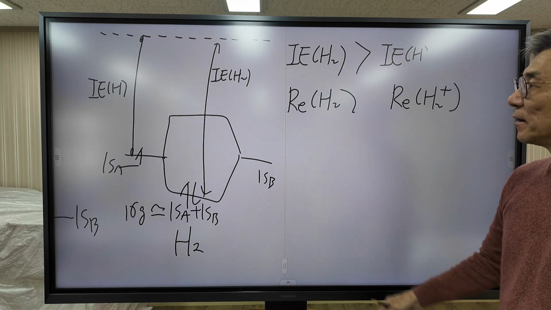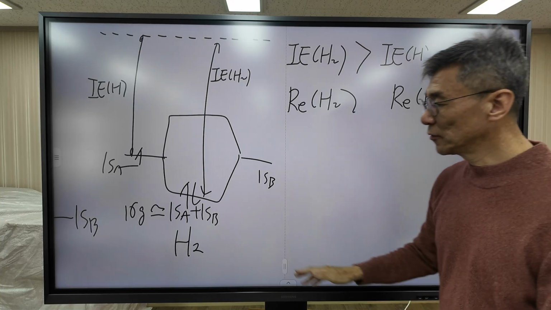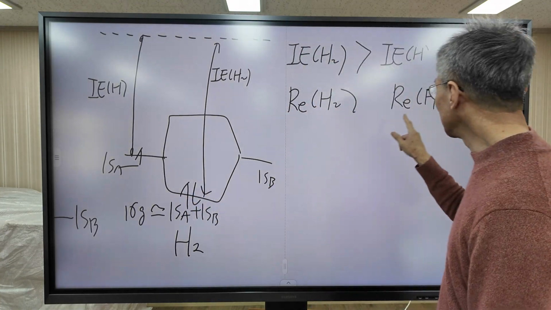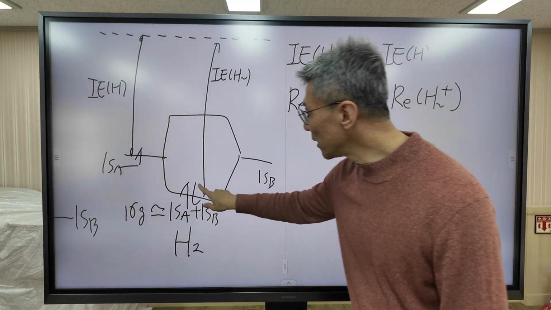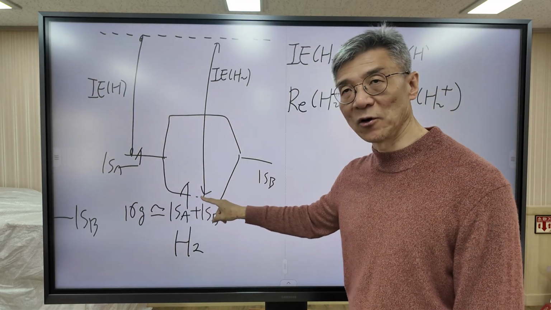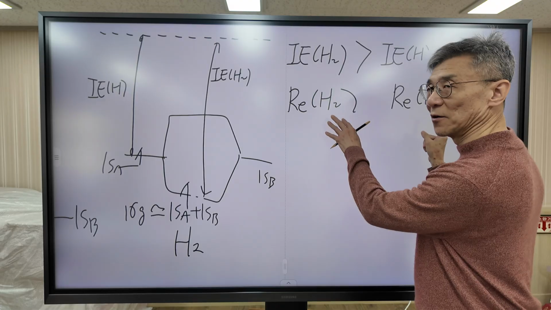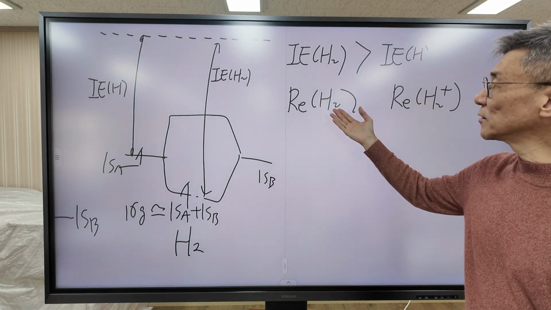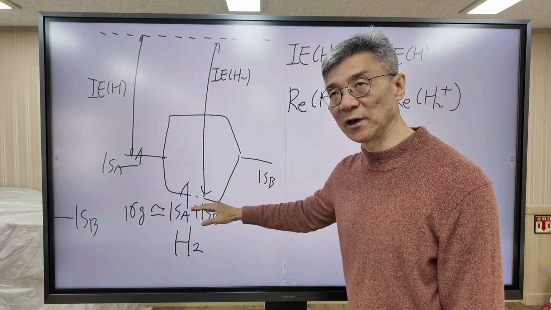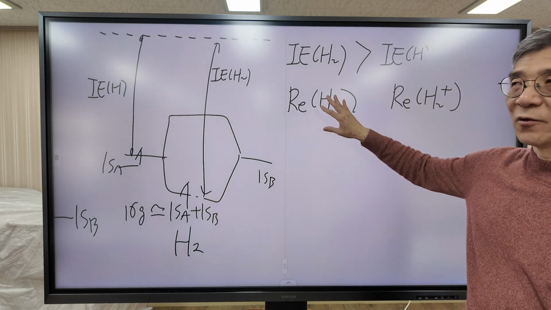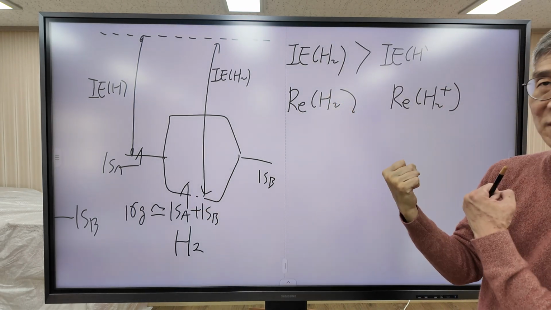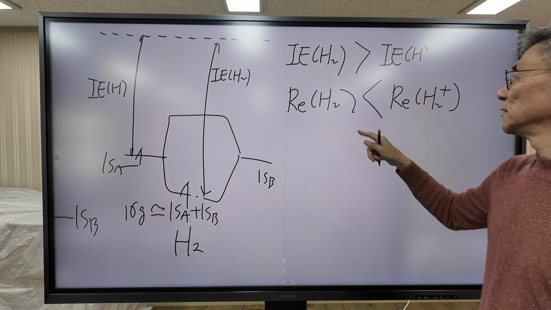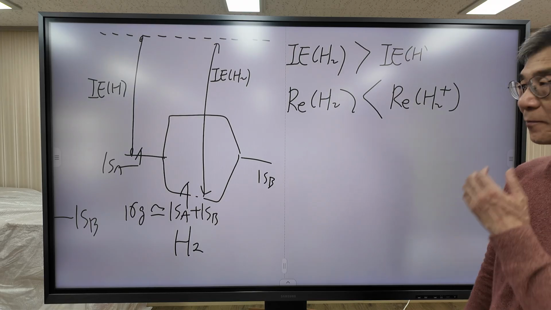In the H2 molecule, two electrons occupy the bonding orbital, but in H2 plus, only one electron occupies the bonding orbital. So the H2 bond is stronger because two electrons enter the bonding orbital. When the bond is stronger, the bond length decreases, so the H2 bond length is shorter.